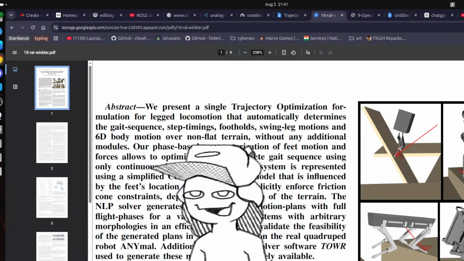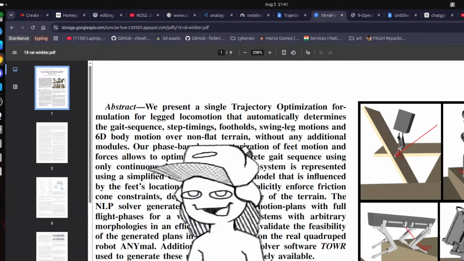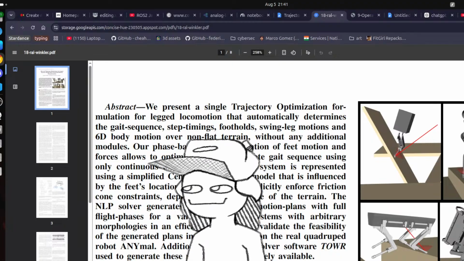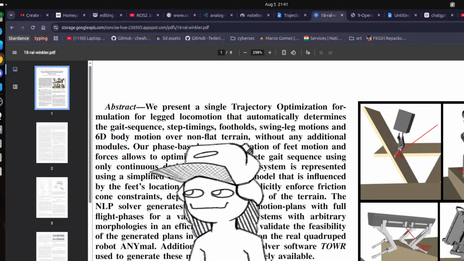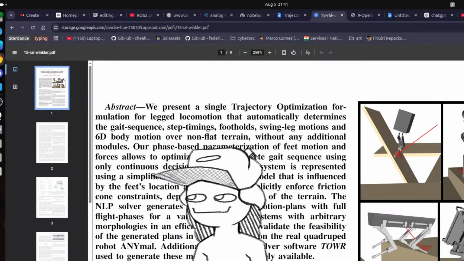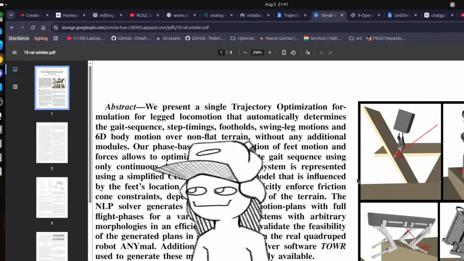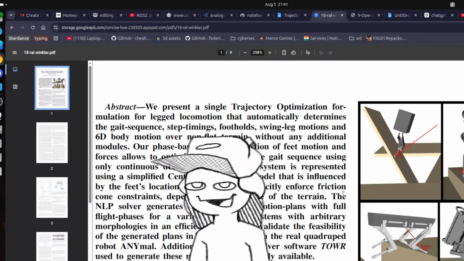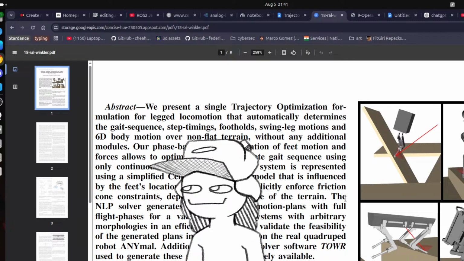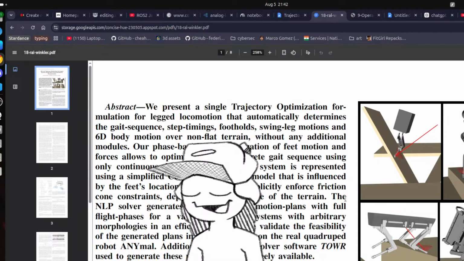What traditional optimization techniques do is try to find the most optimal solution of a given objective function. Objective function meaning a function that relates all the parameters of the robot in a way that when we maximize or minimize that function, we have found the desired values of the parameters.